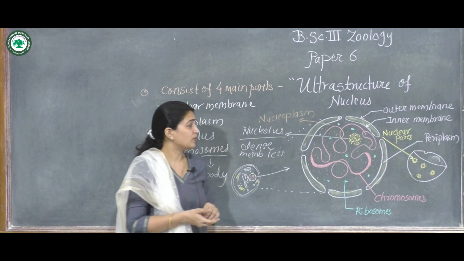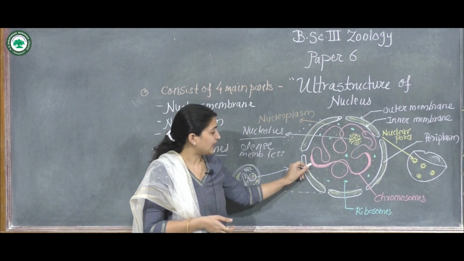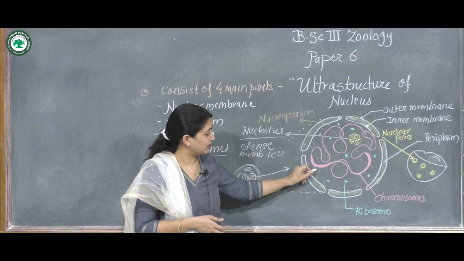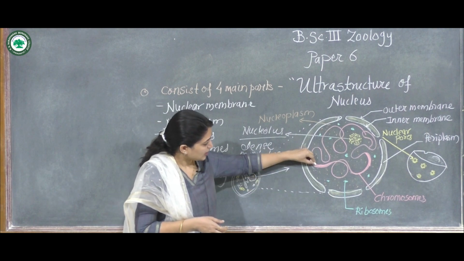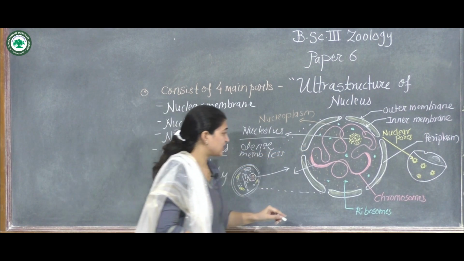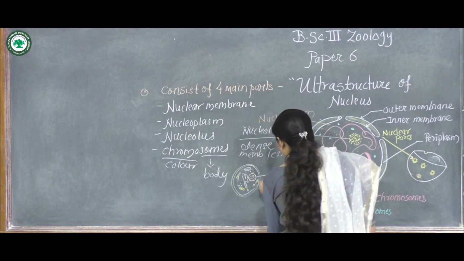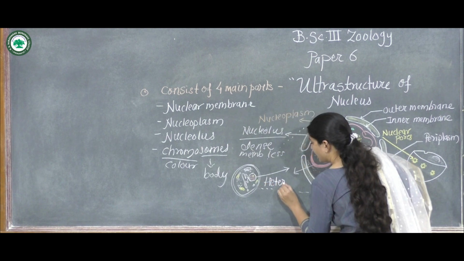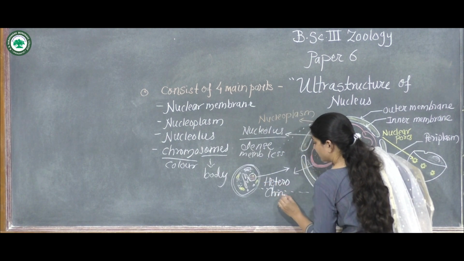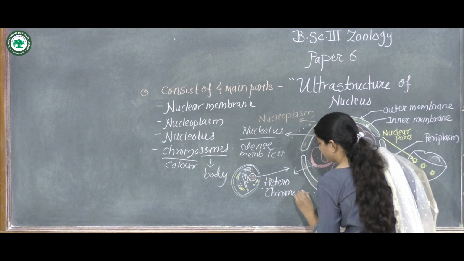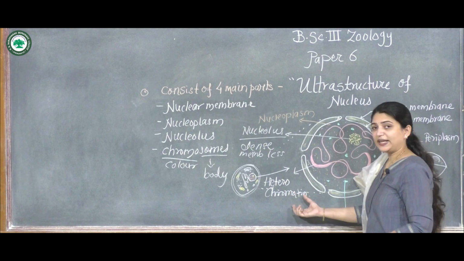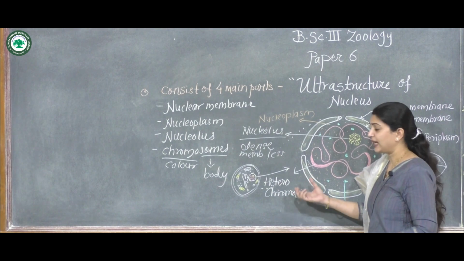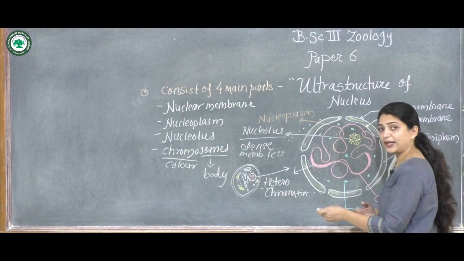In this chromosome you can see a dark stained area and a delicate area. This dark area is called heterochromatin. Chromatin means the chromosome material. Why hetero?